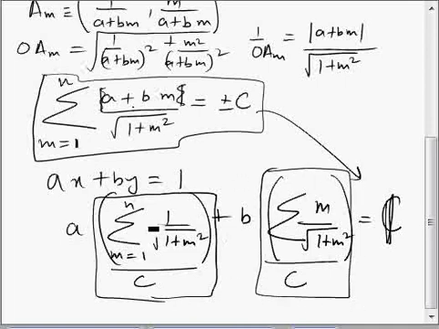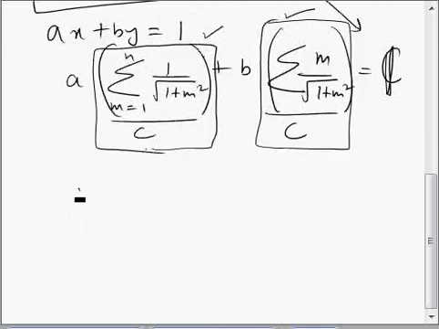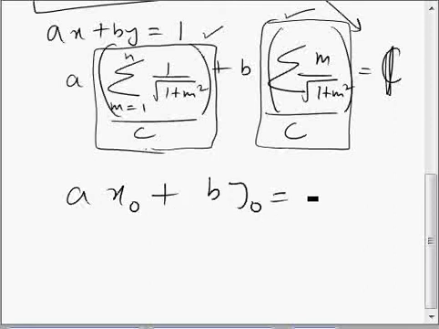So this is the point, the x coordinate is this and the y coordinate is this, through which this line ax plus by equals 1 will always pass. If I replace this as a x naught plus b y naught equals 1, this implies x naught, y naught is a fixed point through which the line would always pass.